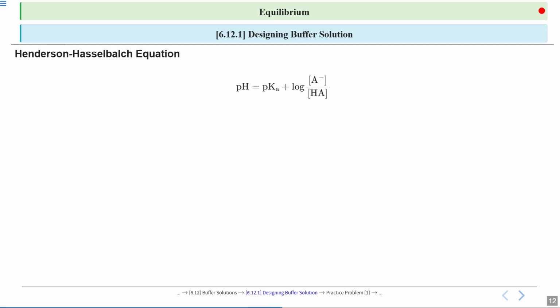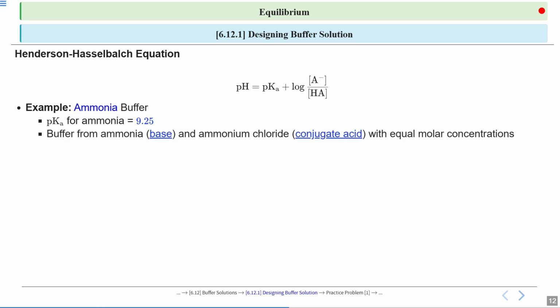For that, we will take an example. Your example will be an ammonia buffer. What will be present in the ammonia buffer? Try to think of it. Meanwhile, I am listing the technicalities of this solution. The pKa for ammonia is 9.25, and the buffer is made from ammonia base and ammonium chloride with equal molar concentration.